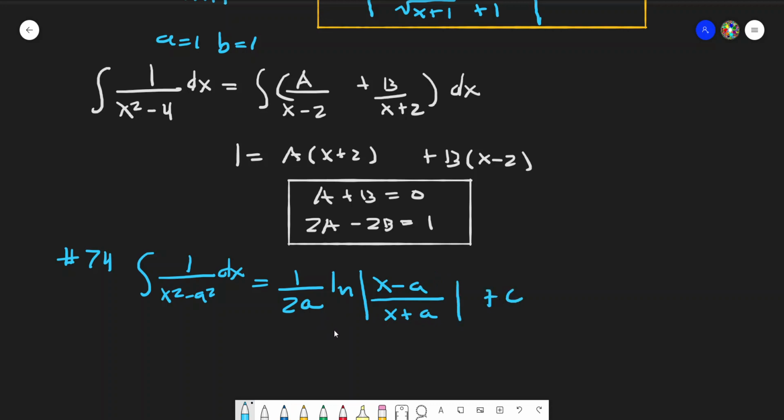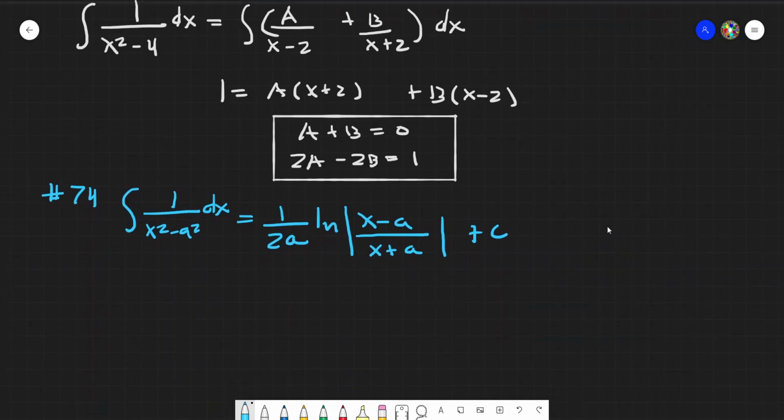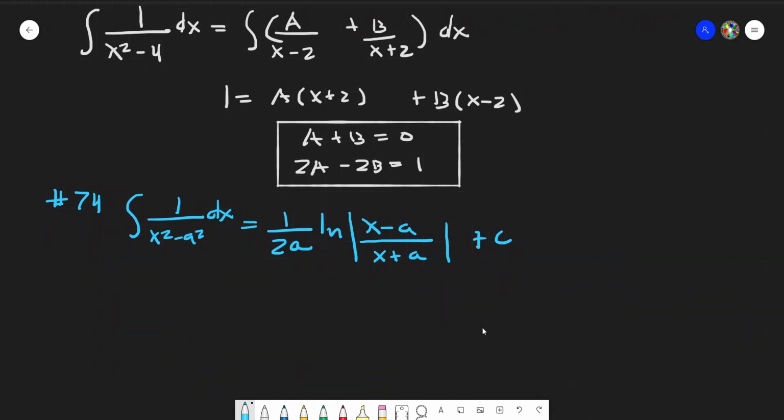Now, notice that the previous problem actually looks very similar, because you had a 2 at the top. So we can apply the table value, or the formula.